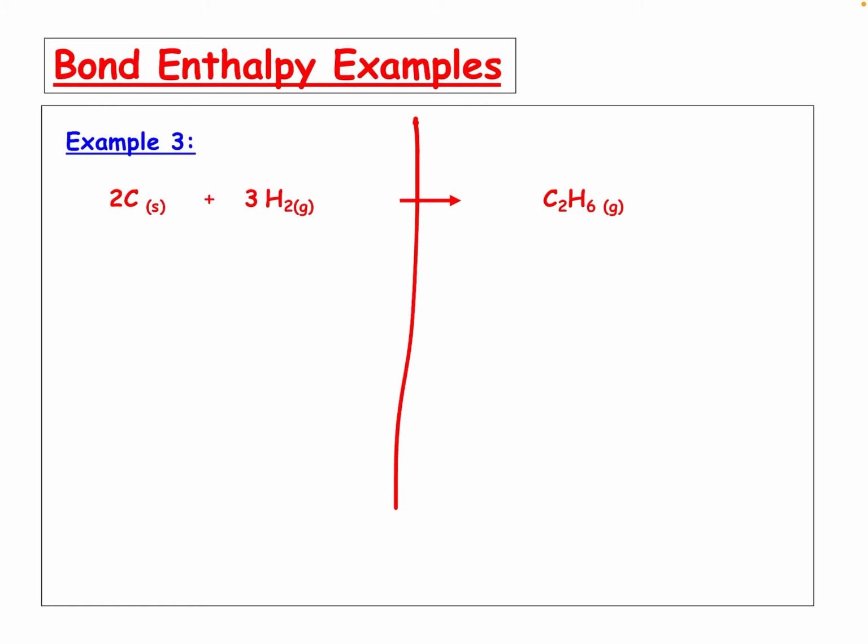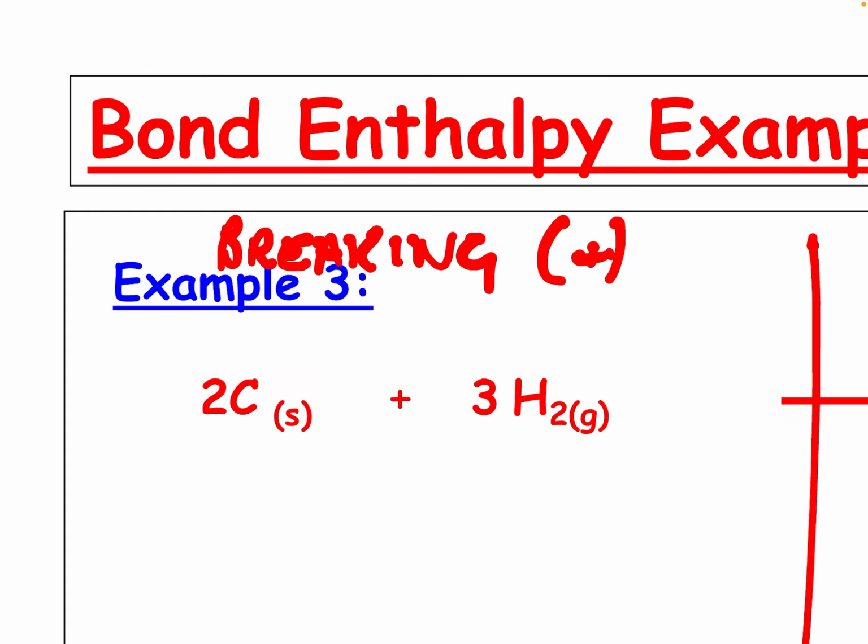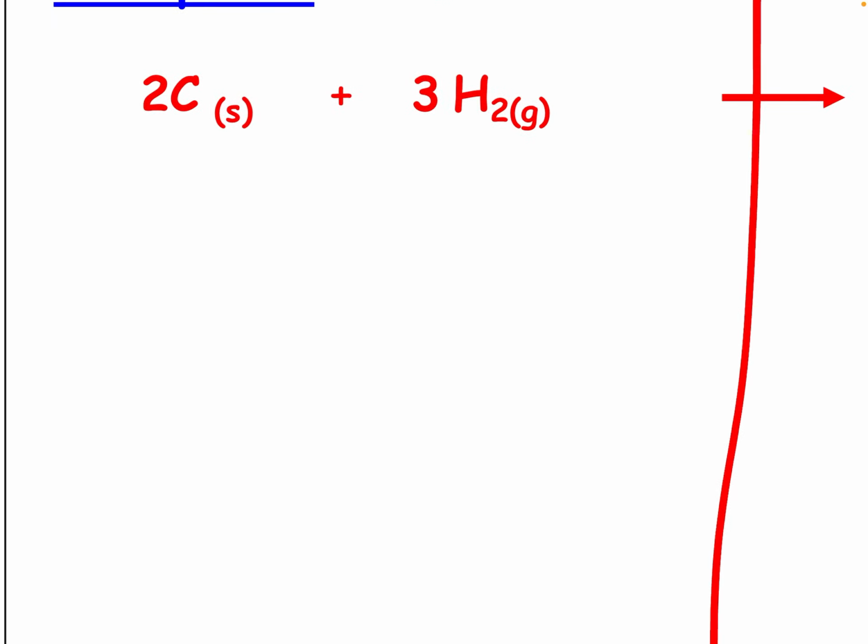Okay, so just as before, these ones are going to be breaking. And these ones are going to be making. These are positive, these are negative. So this is a wee bit difficult, but we'll just go through drawing our things.